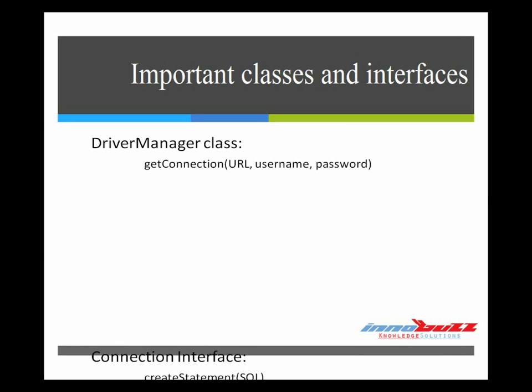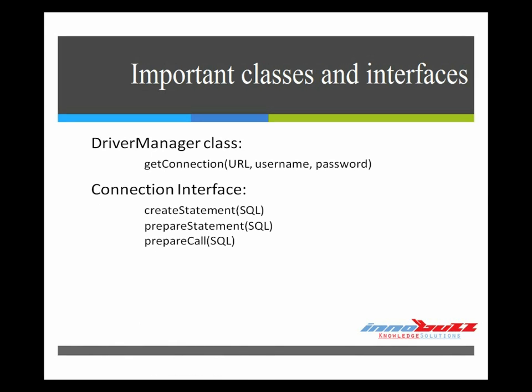This method will return an instance of the Connection interface. We will use this object for creating statements. The Connection interface has three methods for it. The createStatement method for SQL statements with no arguments.